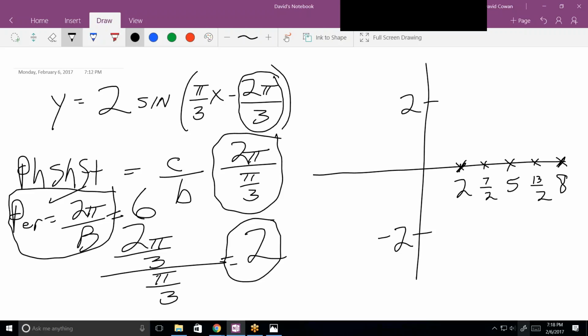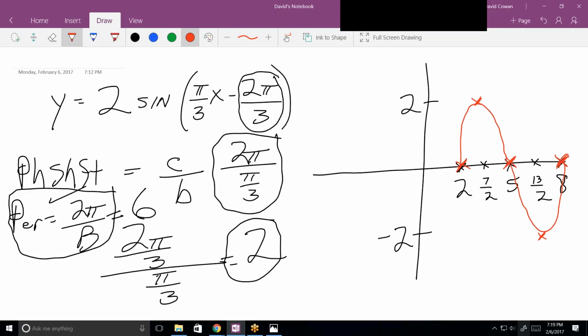It's a sine curve, so let's mark off our key points. We've got to go through this point, this point, this point, this point, and come back up through that point. Then draw the sine curve through those points, and that would get you full credit.